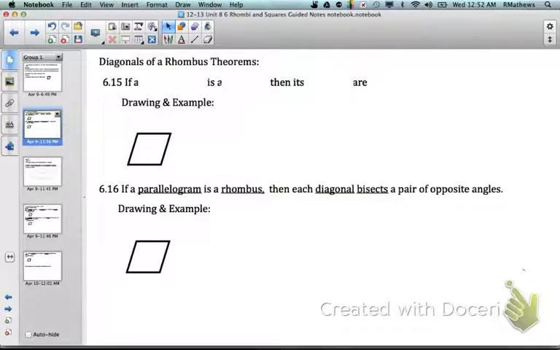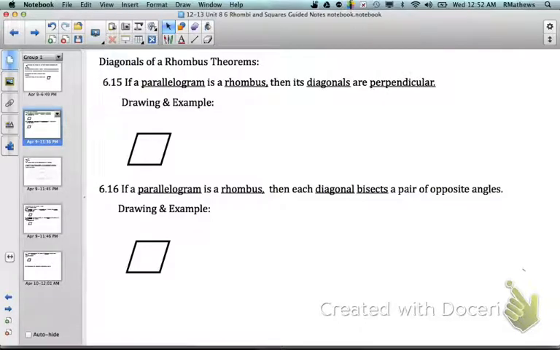Okay, let's look at the diagonals of a rhombus. There are two. We're going to be looking at things that are specific to a rhombus. So the first one is that if a parallelogram is a rhombus, then its diagonals are perpendicular.